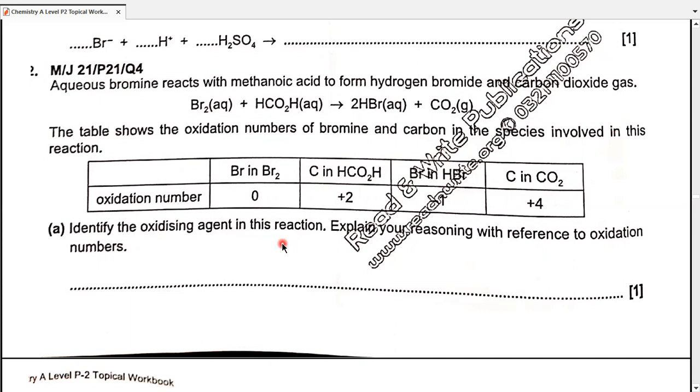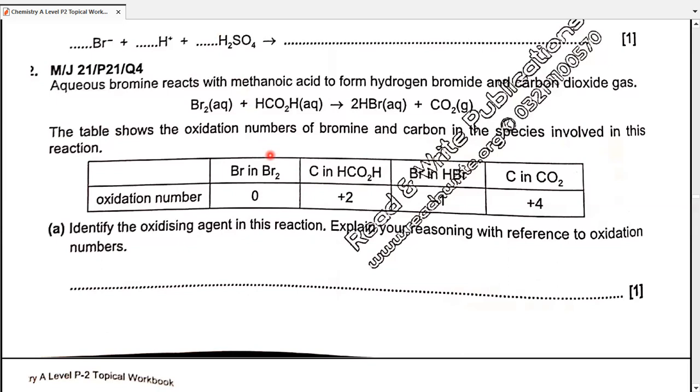Carbon is getting oxidized and bromine is getting reduced. Oxidizing agent is the one that oxidizes others, itself is reduced. Exactly. Okay, so bromine is the oxidizing agent.